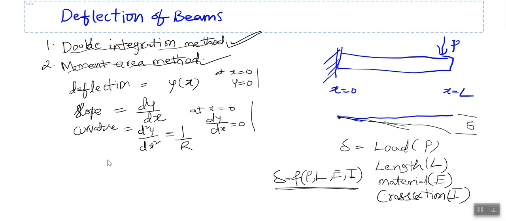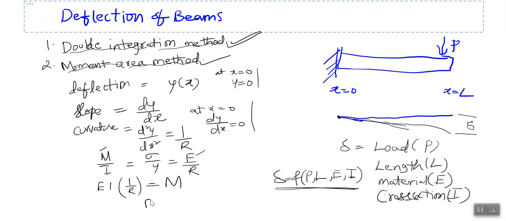We know from the bending equation M by I equal to sigma by y is equal to E by r. From this equation we can write something like this: EI into this 1 by r, considering these two, is equal to M, right?